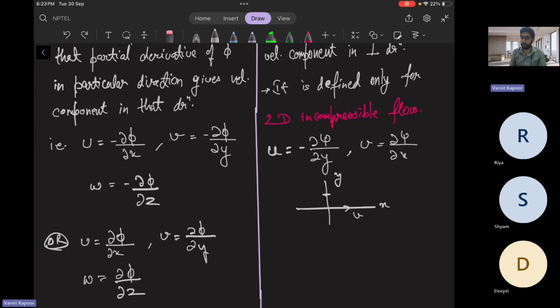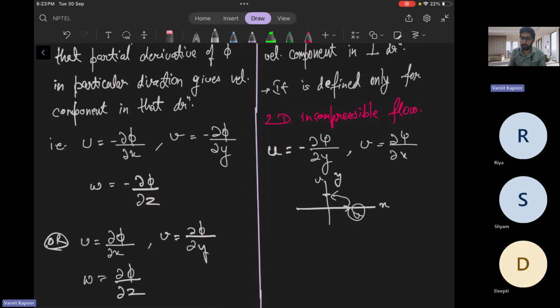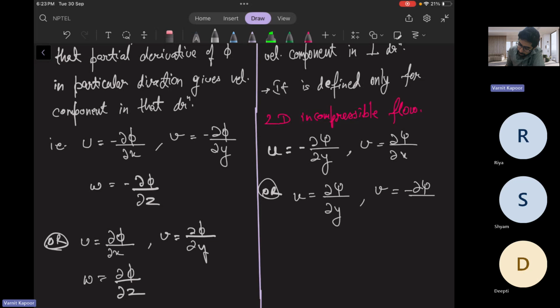Similarly, v is here and the derivative is taken here, so you're going from here to there, and that is why it is anti-clockwise. We assume this is positive, or vice versa, as per the textbook convention. Or you can also say that u is dou psi by dou y, and v is minus dou psi by dou x. Any of that you can take.